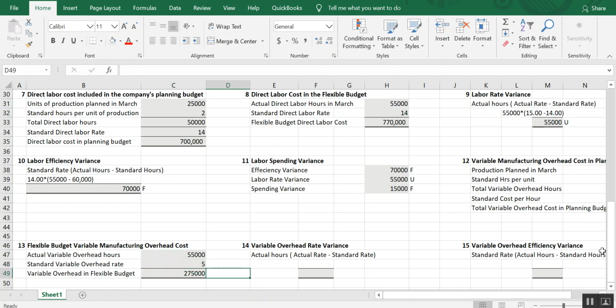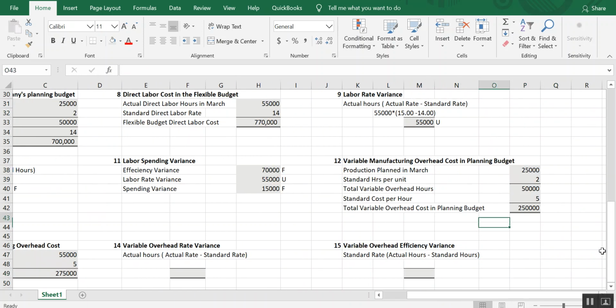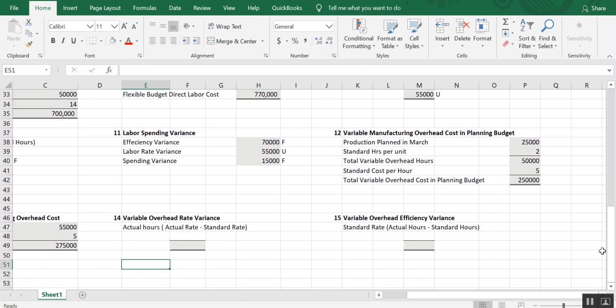That's in the flexible budget, 275,000. That's based on the higher level of hours. The planning budget was based on 25,000 units at 2 hours a unit, 50,000 hours, or $250,000.